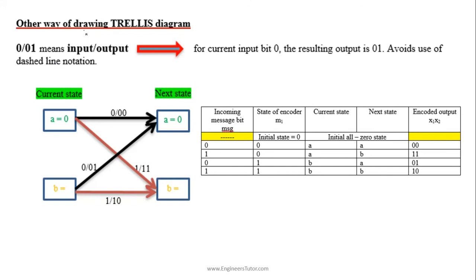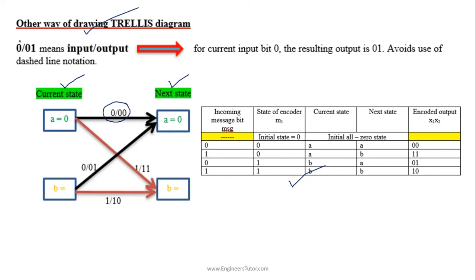There is also another way of drawing the trellis diagram. The same procedure is used, current state, next state, and we use the state table to draw this. But on the branches we use 0 by 0 0 in this fashion. Suppose 0 by 0 1 means input by output.